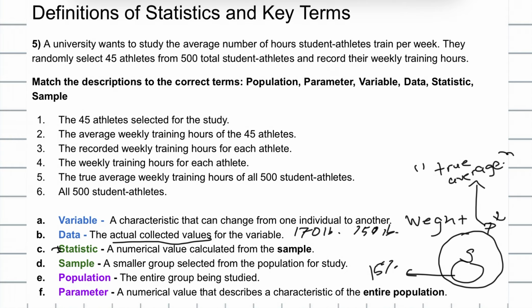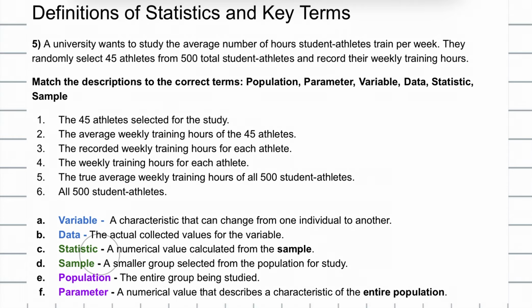It depends, but usually the most common phrase used to identify the parameter is true average. Now that we know this information, we're going to analyze each of the options provided. If one of them is hard, we can skip it and go to the next one.